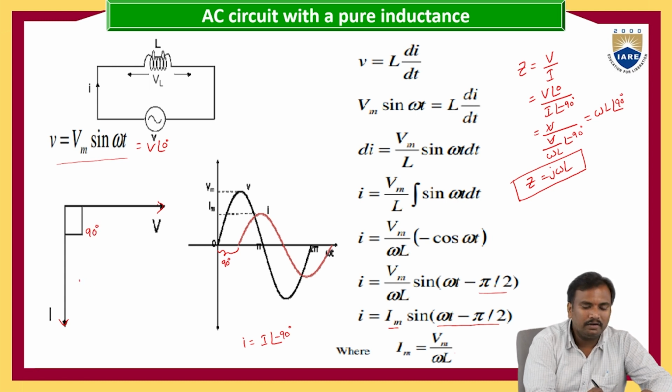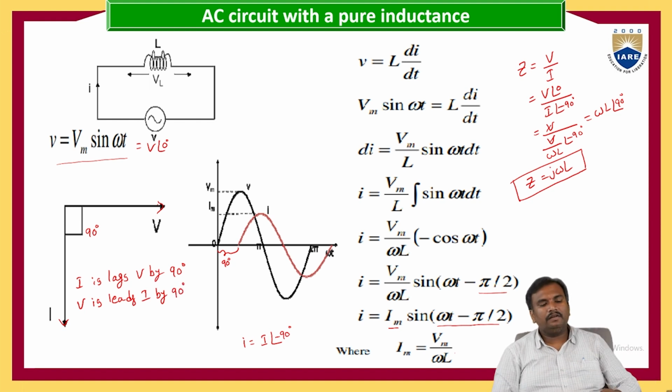So here, I lags the voltage by 90 degrees. Sorry, V leads I by 90 degrees. These are the two statements we can write in terms of the lagging and leading concept.